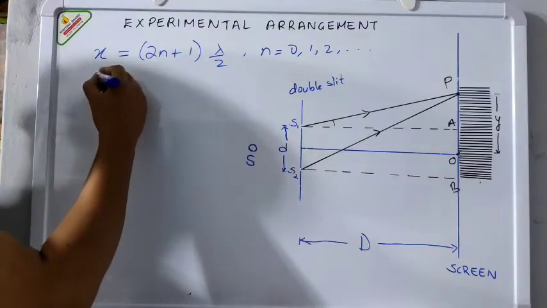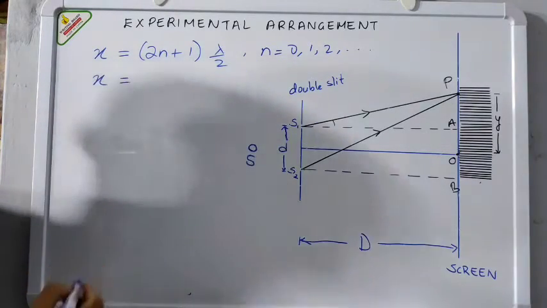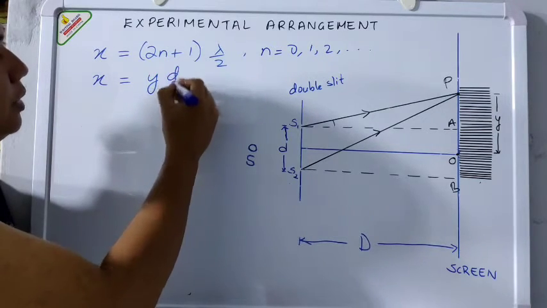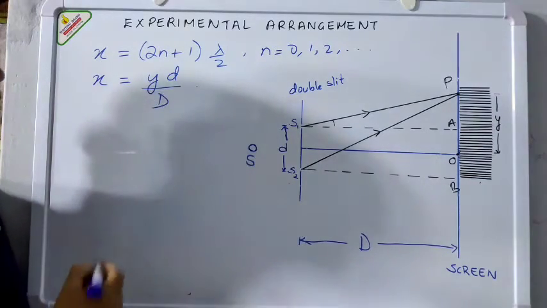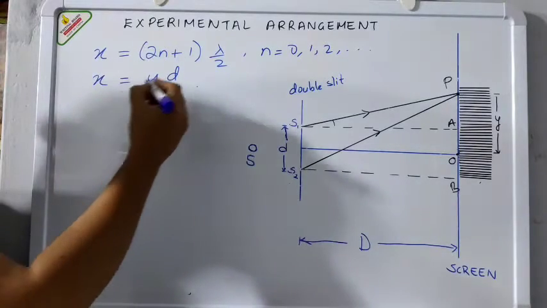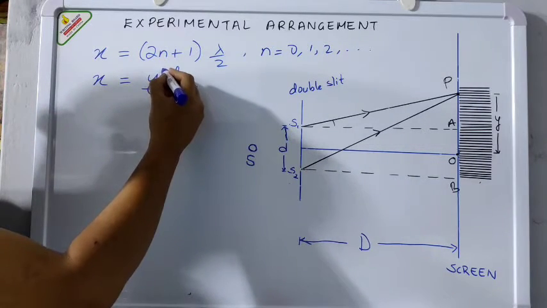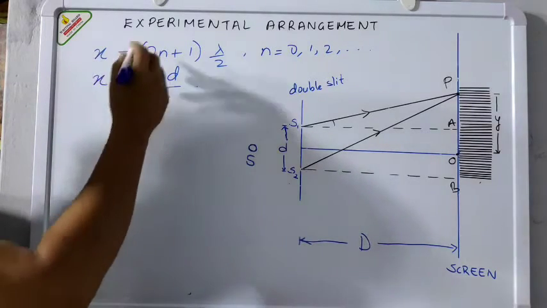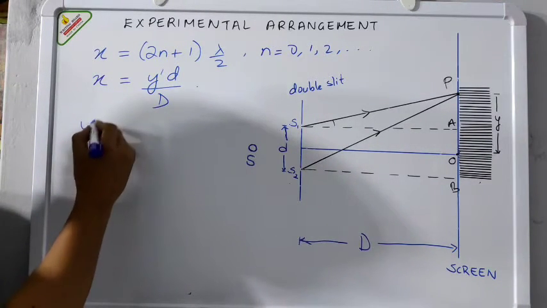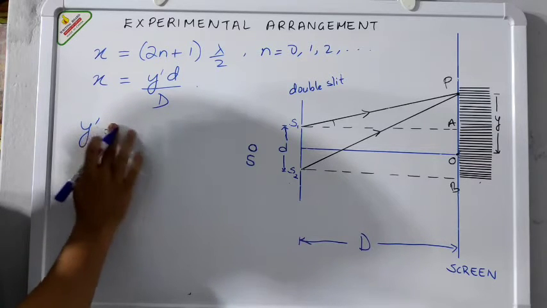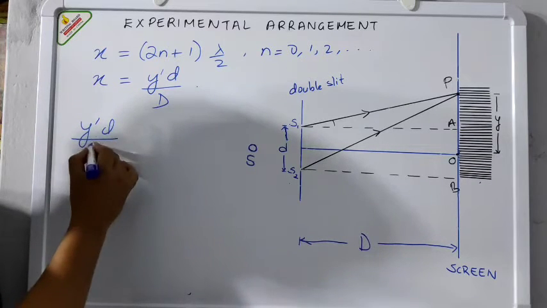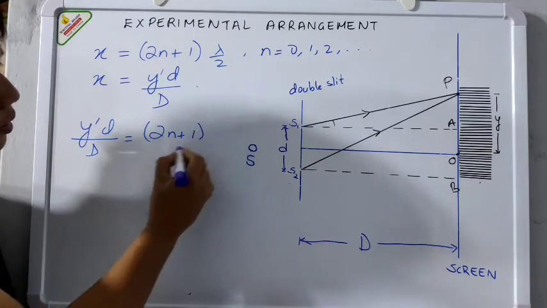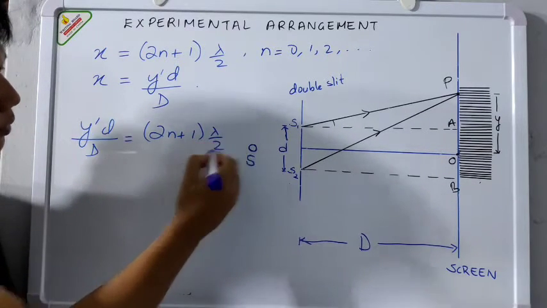Also, we have proved that x equals yd by D. Equating these two equations, for dark fringes, let us use y dash instead of y. y dash d by D equals (2n plus 1) lambda by 2.